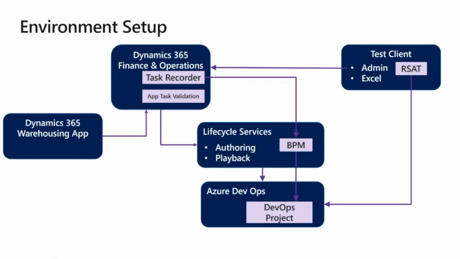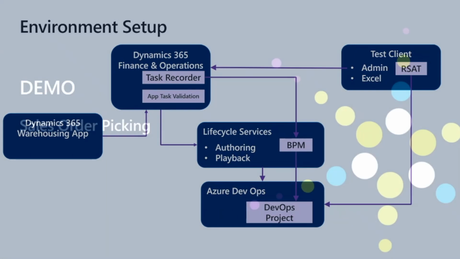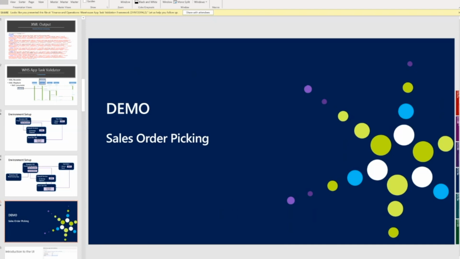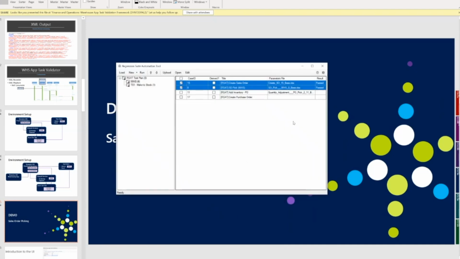Okay, so let's take a look at this in action. What I'm going to show you is RSAT, the Regression Suite Automation Tool. I'm going to kick off these two tests that I have highlighted, and it'll go through those two tests in an automated fashion.